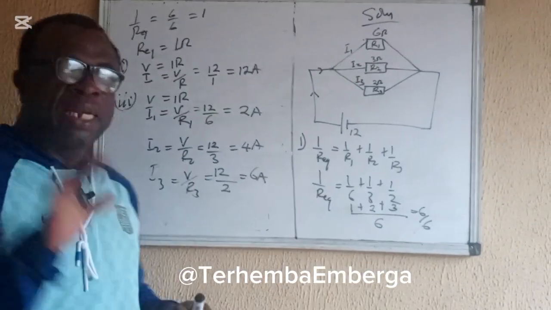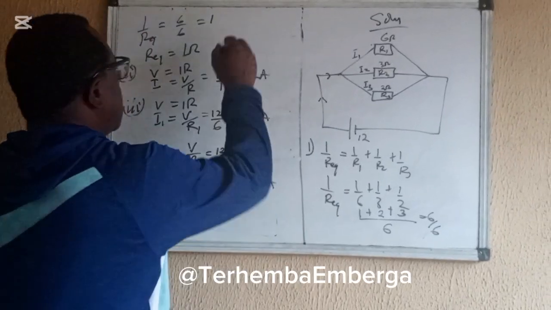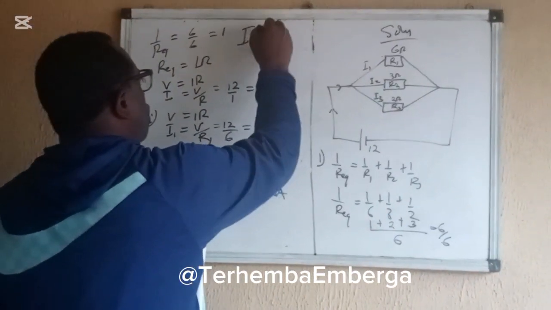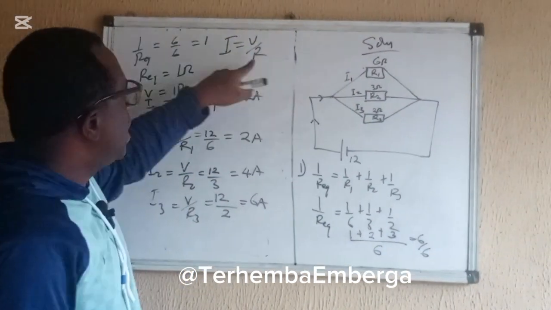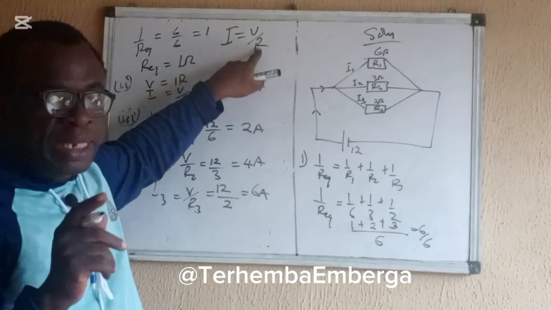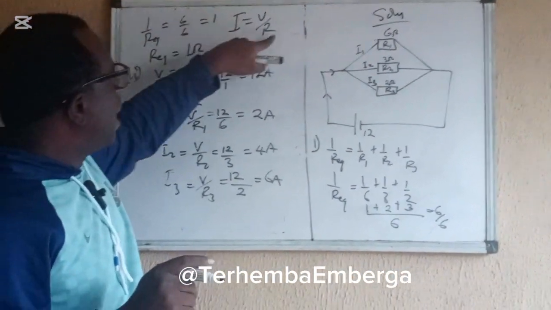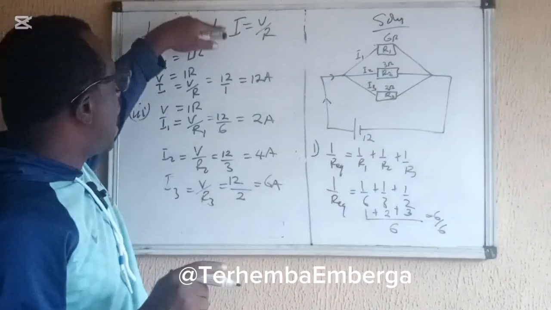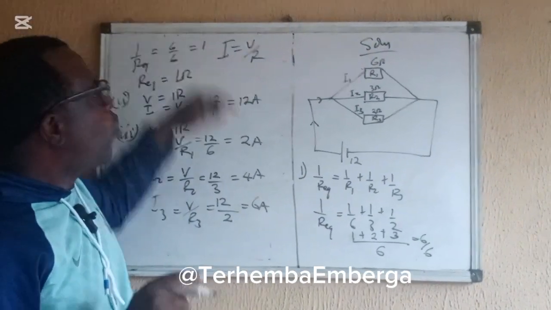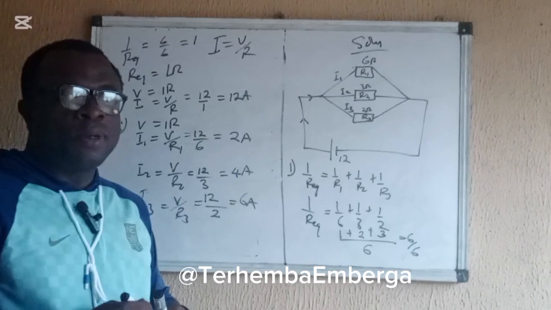That verifies the statement of Ohm's law that current is equal to V all over R. It means that the higher the resistance, the lower the current. And the lower the resistance, the higher the current. And that's what makes a good conductor.